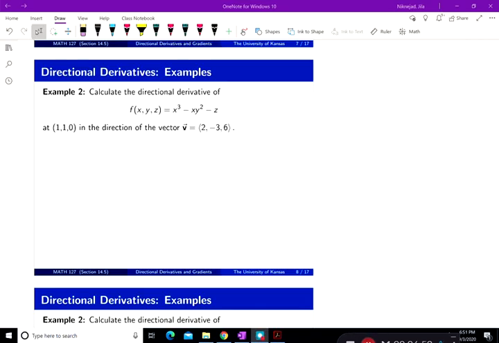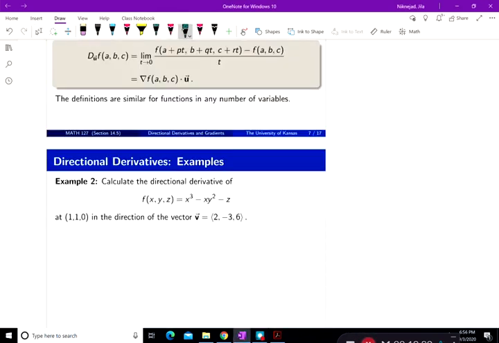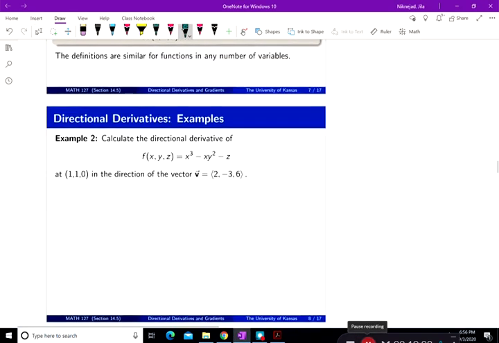Again, similarly to what we did for functions of two variables, we start by finding the unit vector in the direction of v.